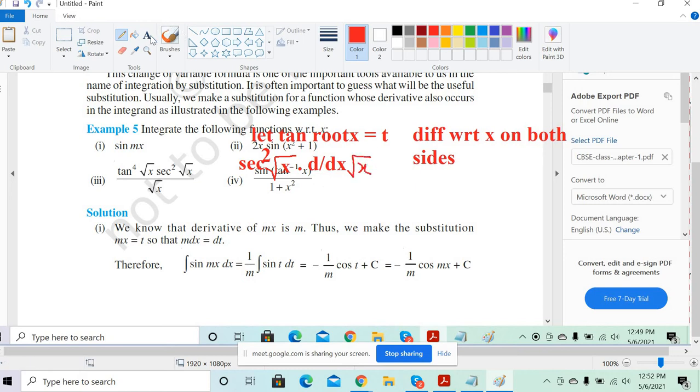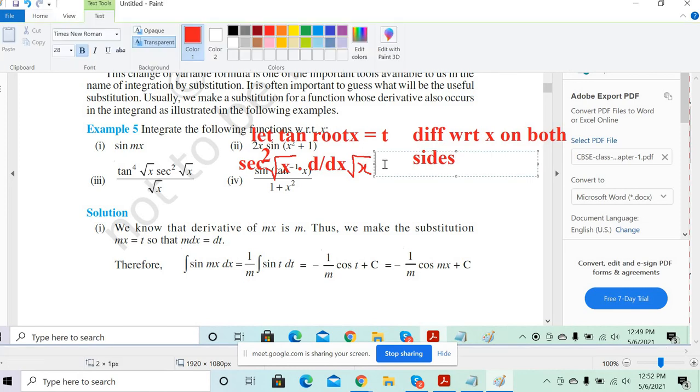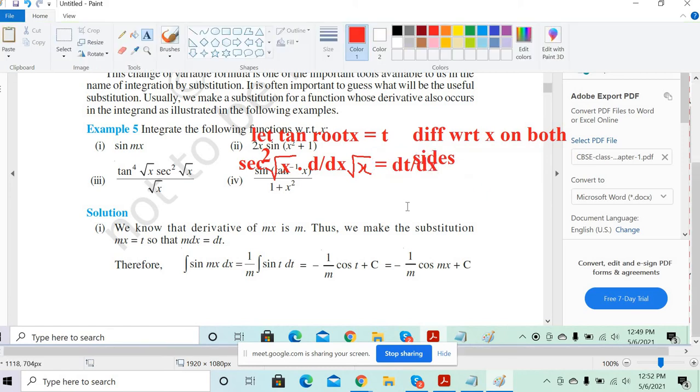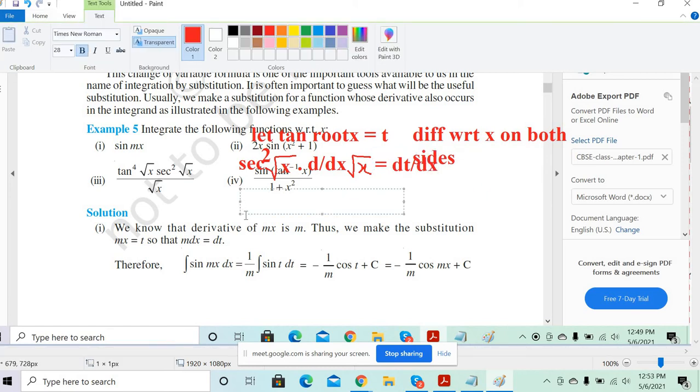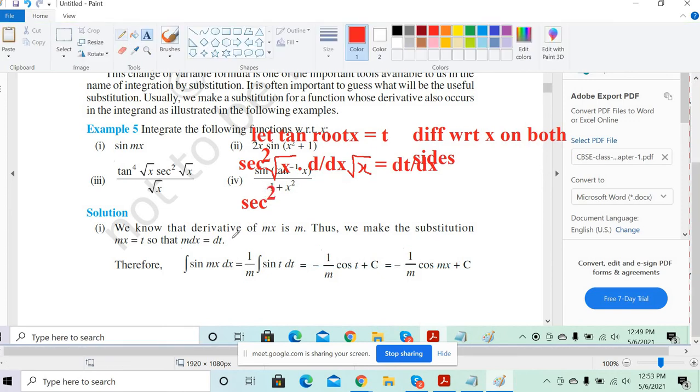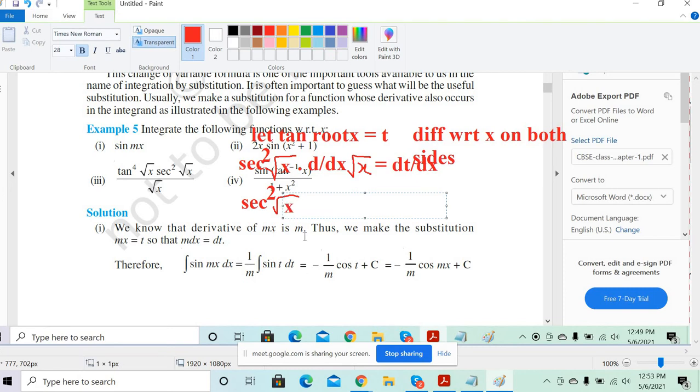That's why I'll write it here, is equal to dt by dx, right? Clear? Now I'll put it here. So this becomes secant square root x into 1 by 2 root x, correct?